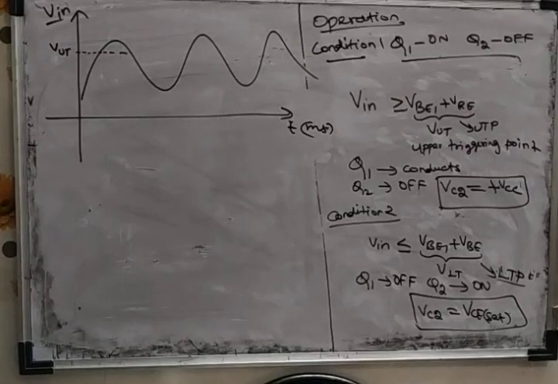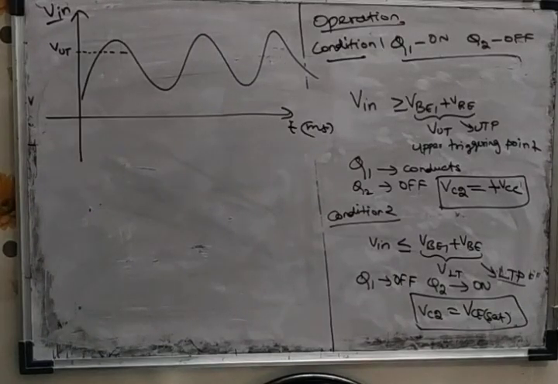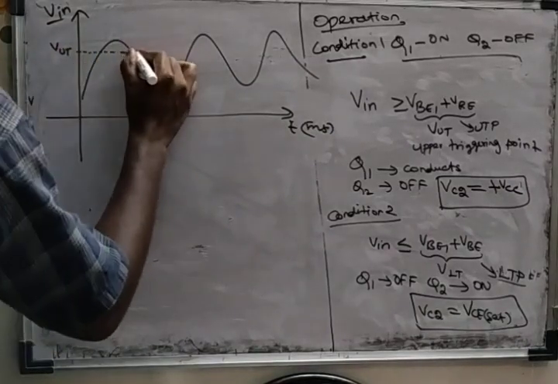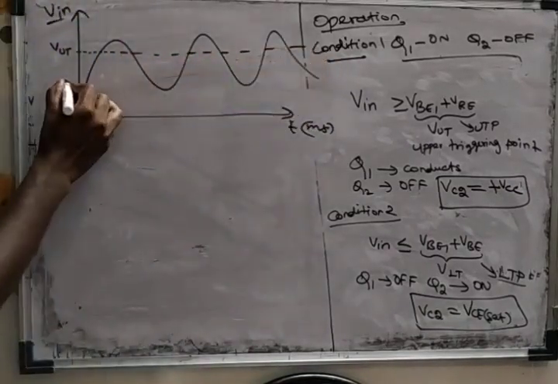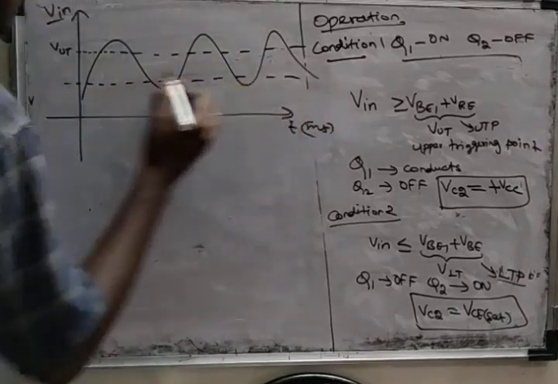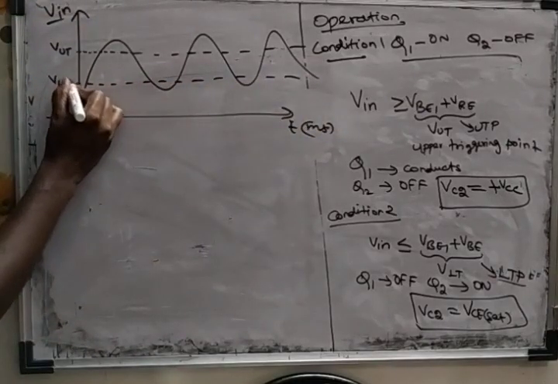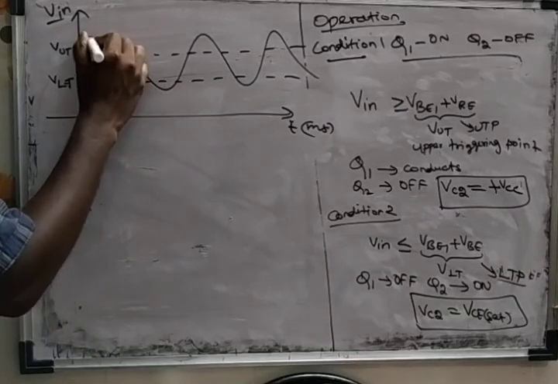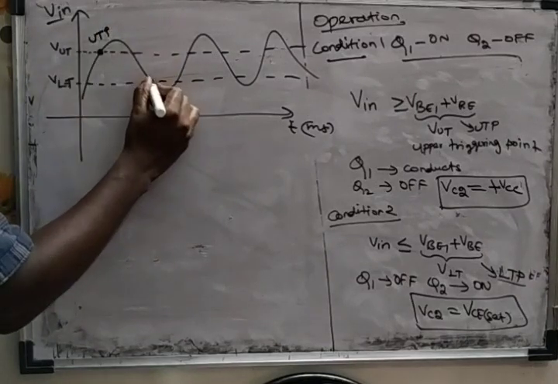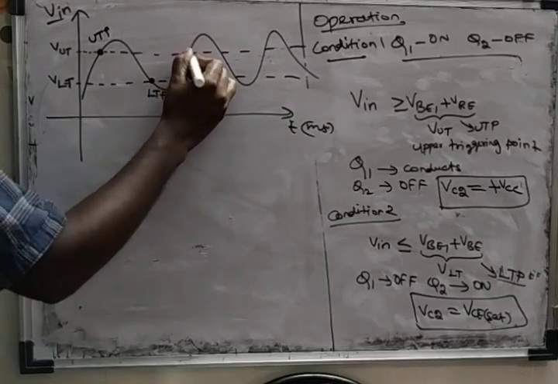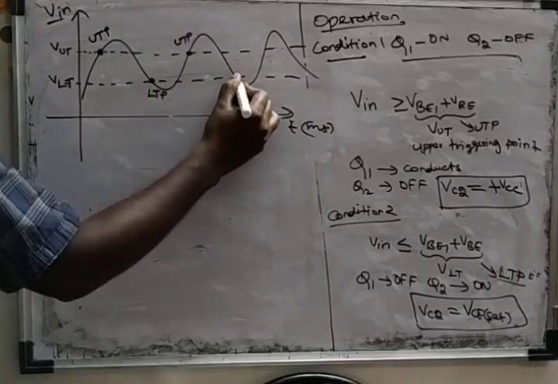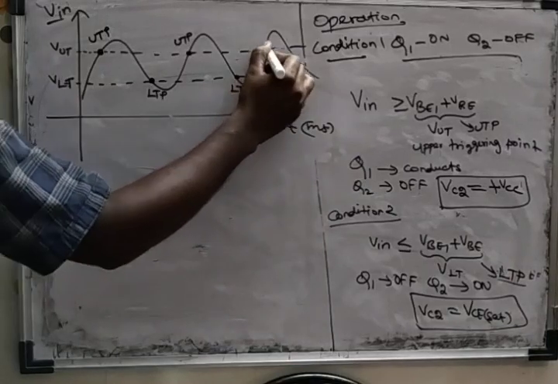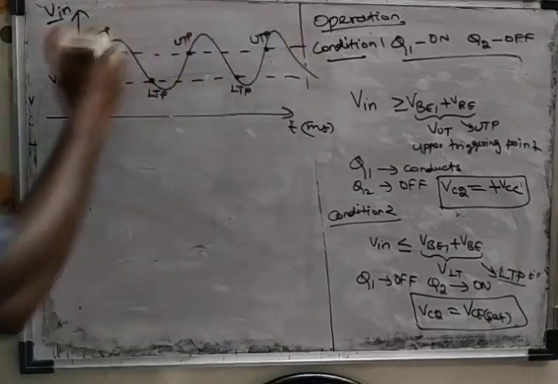Similarly, this is the lower threshold voltage VLT. So this point is called upper triggering point UTP, and this point is called lower triggering point. This point is called upper triggering point. This point is called lower triggering point. This point is called upper triggering point.